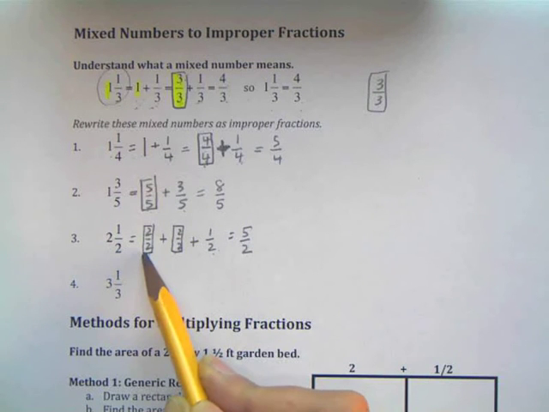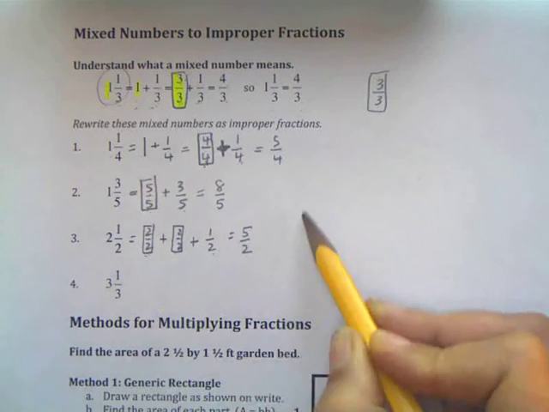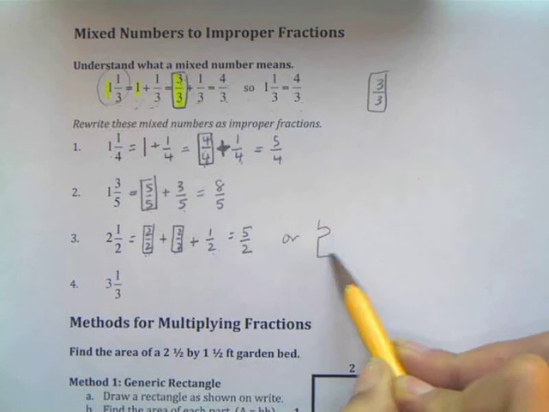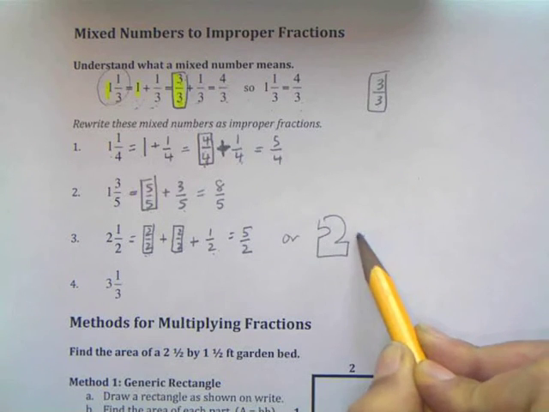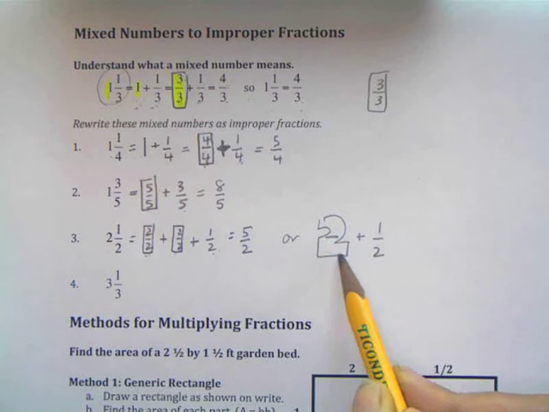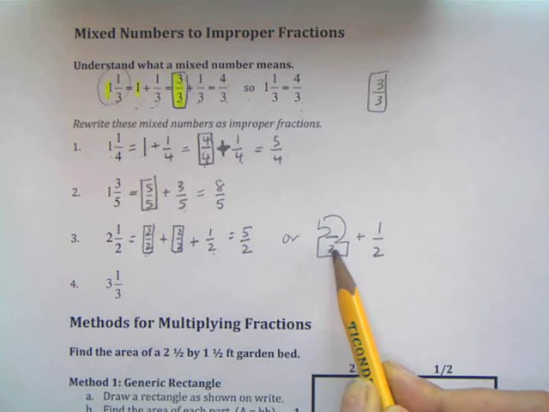Another way to do this is you can think about it like, oh, I have a giant 2 and 1/2. So what fraction, in order to add them, I'd have to have the same denominator, okay? So I'd have to think about what fraction is equal to 2 wholes.